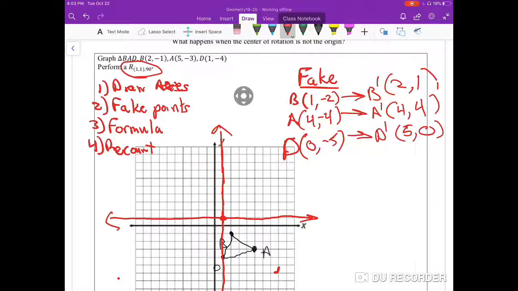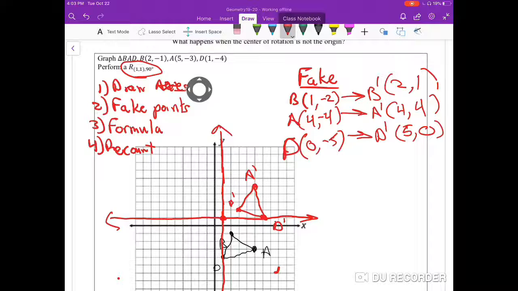And the way that I would do this is I'm going to graph this based on the red set of axes, the new one that I have here. So I have 2, 1, which is B prime. I have 4, 4, which is A prime. And I have 5, 0, which is D prime. This is my new triangle here.